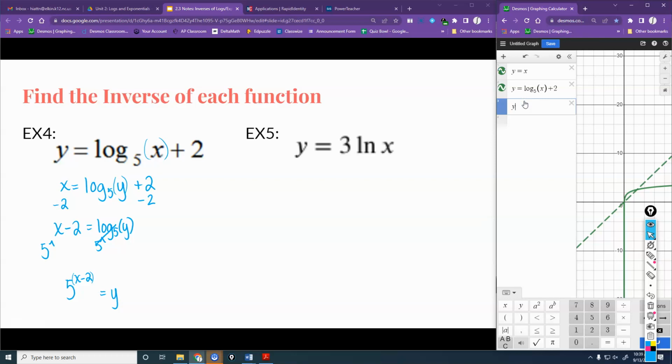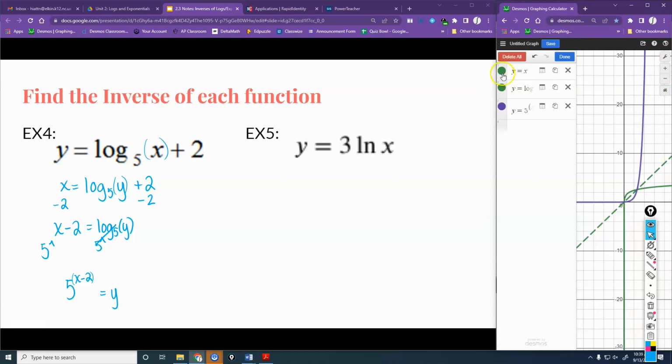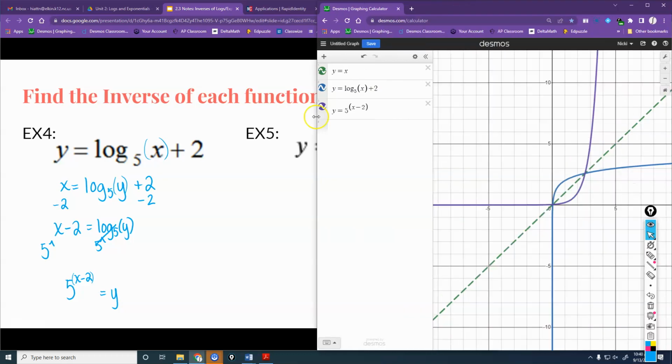And then we do y equals 5 to the x minus 2. I don't like that it made that the same color. Let me change that. Does that look right? Does it look like we could fold it in half? Yeah, I think that looks pretty good.